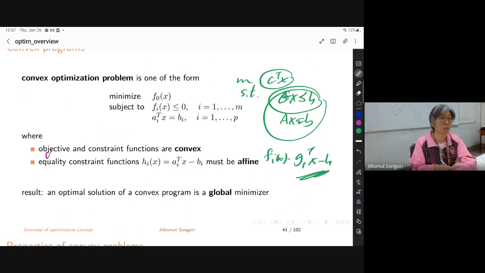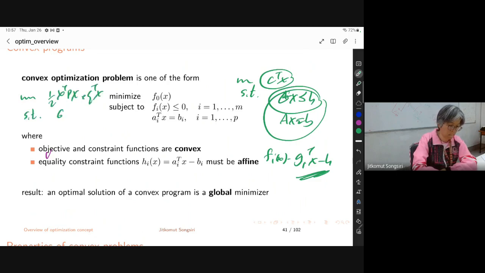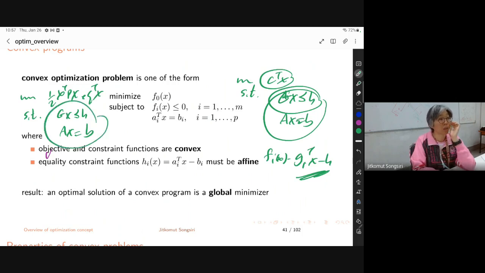So LP is convex. What about QP? Is my standard QP a convex optimization or not? Obviously, the constraint set is convex, but what about the objective? Only if P is positive semi-definite.